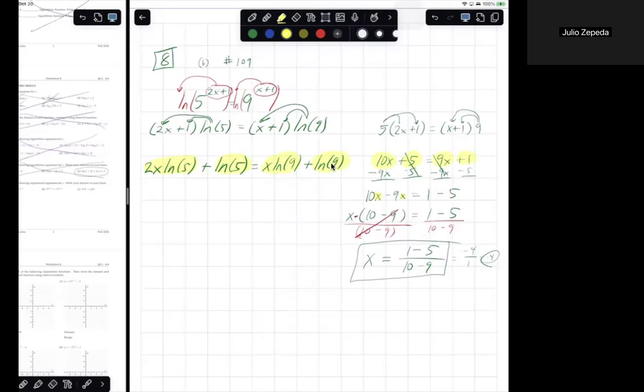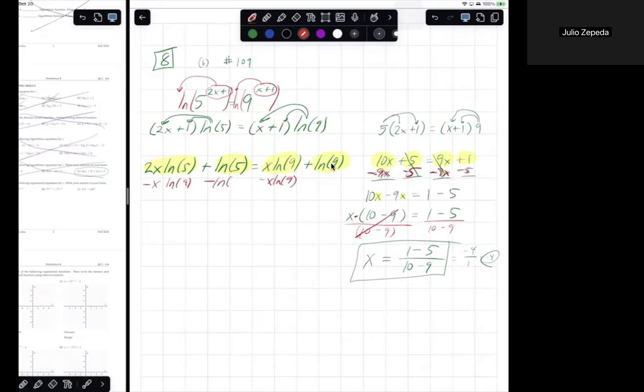We would get all the x terms on one side and all the non-x terms on the other side. So earlier we subtracted 9x. Well, here we're going to subtract x times the natural log of 9 on both sides. Get all the x terms on one side, and then all the non-x terms, like 5 earlier, we subtracted to put it on the right side.